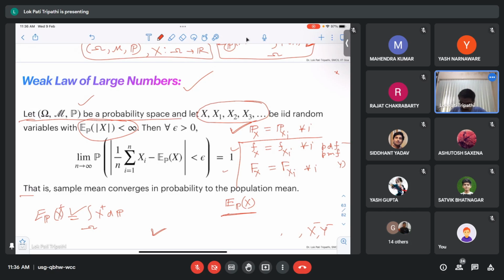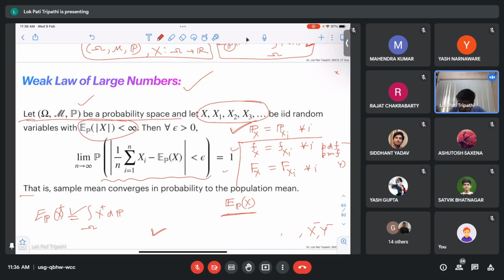So under these conditions, for each positive epsilon, you can prove that the probability of this event will give you a sequence of probabilities, right? So you can say that it will give you a sequence of real numbers, right?